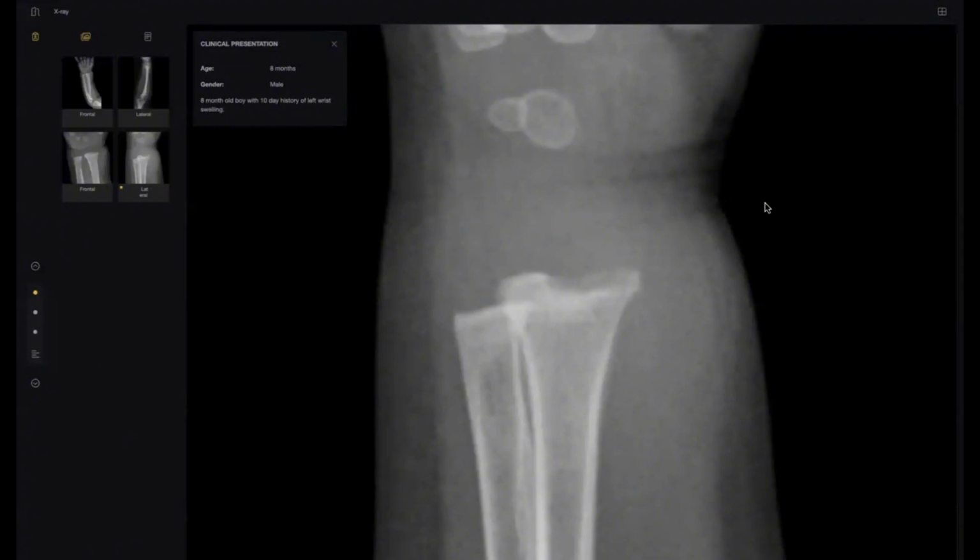Although it has periosteal reaction, it looks somewhat benign because I can see there's a narrow zone of transition. What do you want to do next? Maybe I'm worried about infection. Yes. What do you want to do?